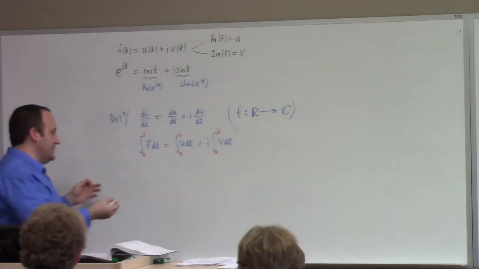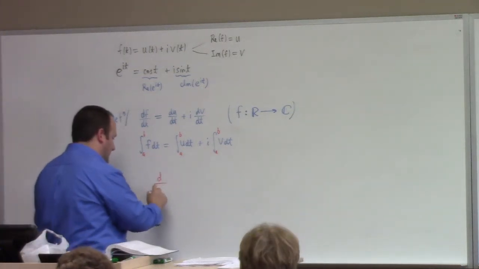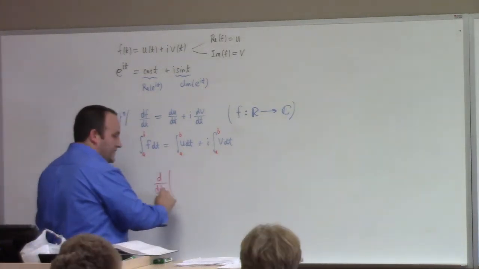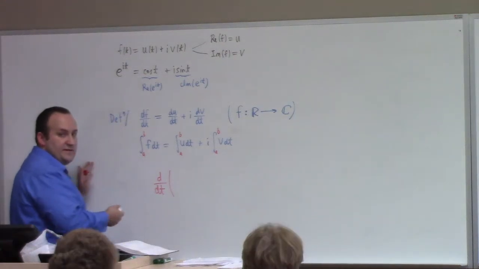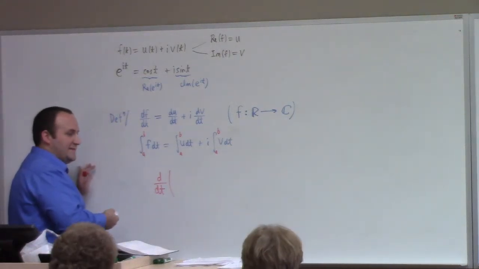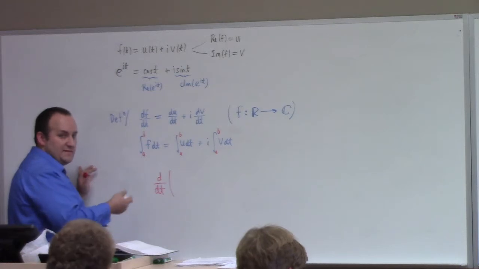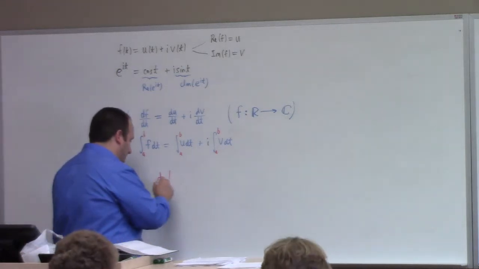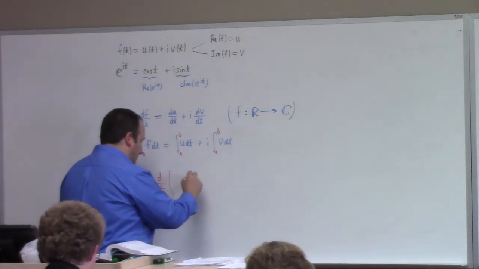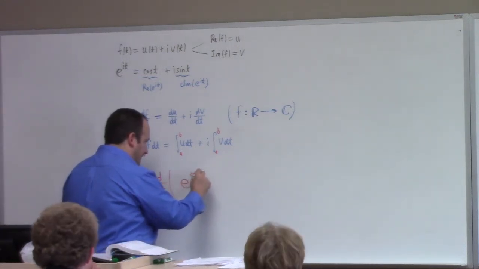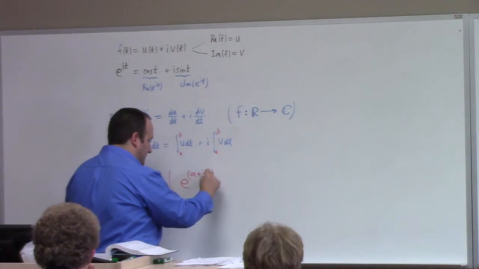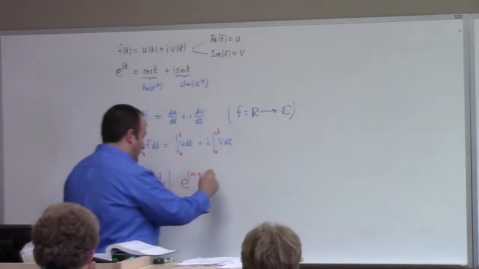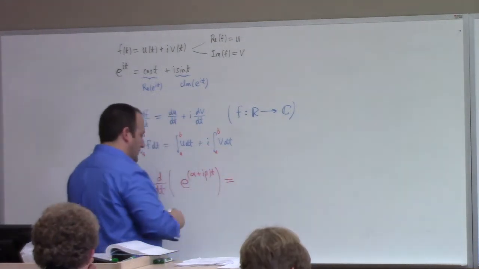The fundamental identity, and I won't work this out because we have other stuff to do today, but you can prove it. I did it in differential equations last Thursday. It took me about 10 minutes of calculation. It's not that hard, but it's not that easy. The derivative with respect to time of e to the alpha plus i beta t is equal to, so what would this be?